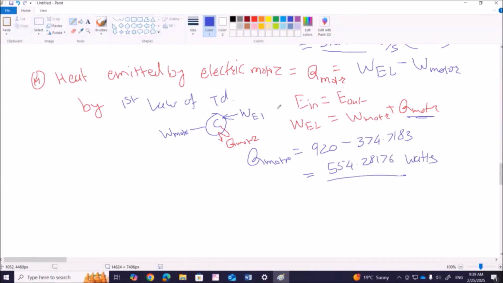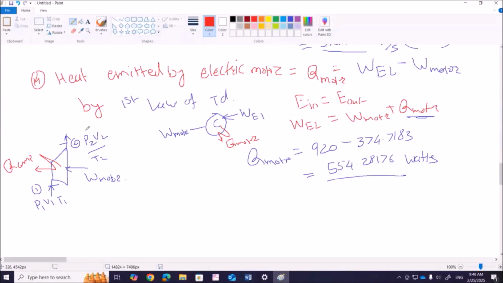Now come to the compressor. This is state 1 and this is state 2. So what is the pressure here? P1, V1 and T1. What is the pressure here? P2, V2 and T2. This is run by the electric motor, W motor. Now this compressor will become hot again. Q compressor will go out.